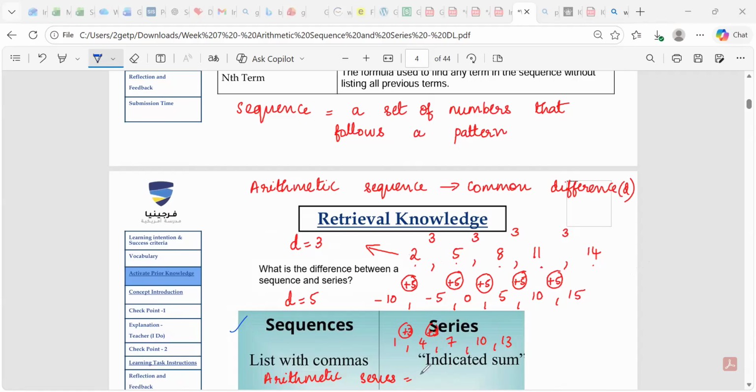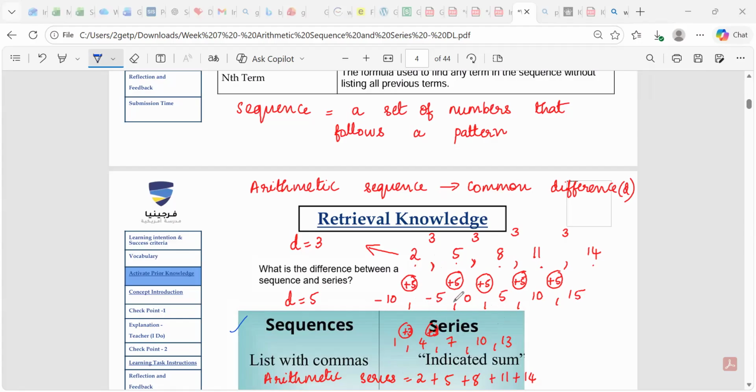For example, 2 plus 5 plus 8 plus 11 plus 14. This is arithmetic series. So for arithmetic sequence, you will just write these numbers using commas, whereas for arithmetic series, instead of commas, you will put a plus sign.